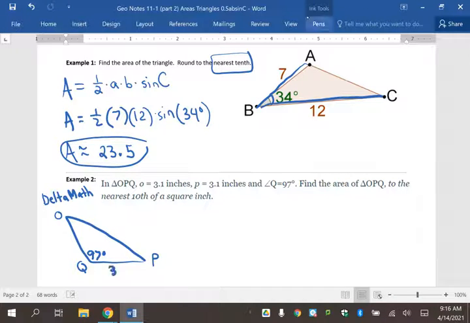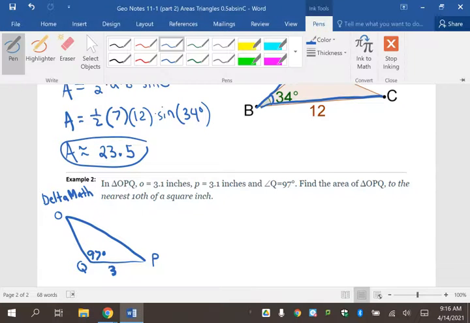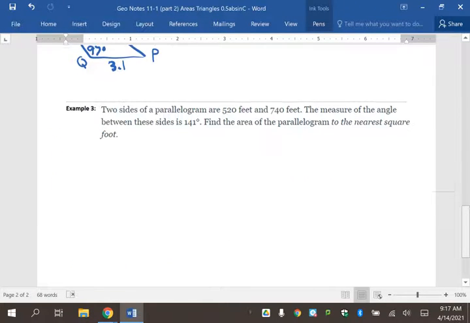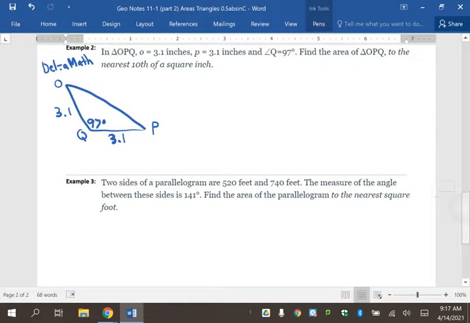Oh, not sure why that's not drawing, so we'll try that again. So this is 3.1. And opposite angle P is our lowercase p. Oh, they turn out to be the same. And so we'll use our formula. So I will scroll down and go ahead and write out our formula.